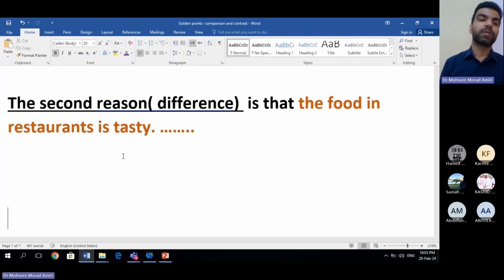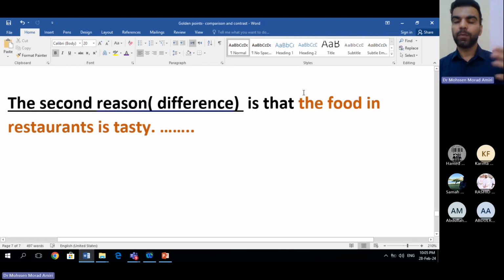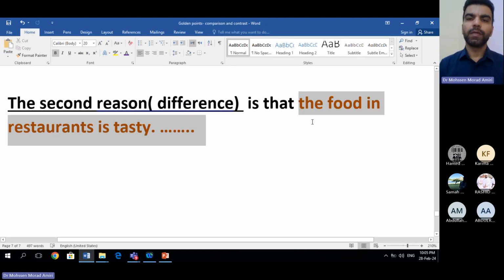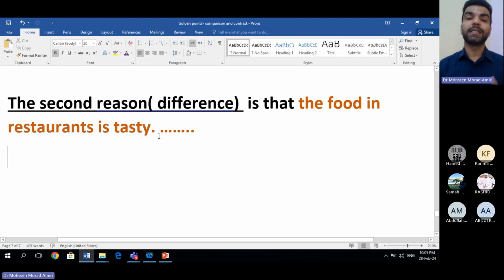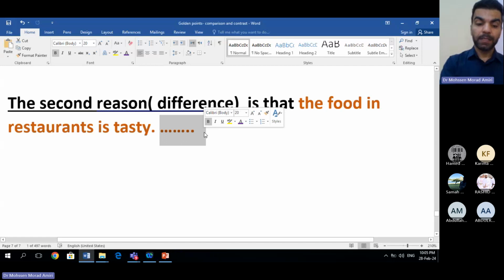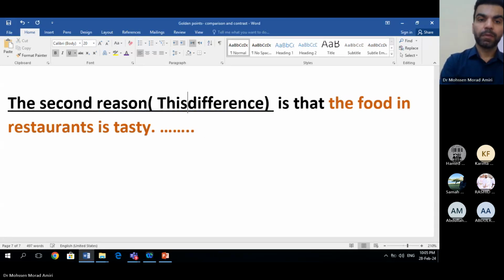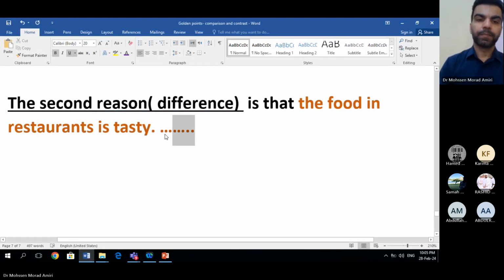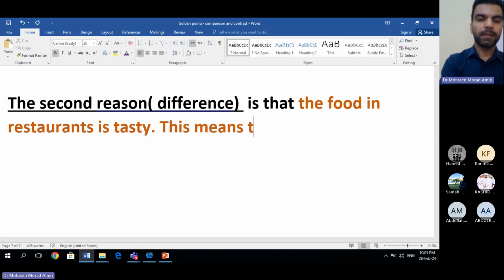The second reason or the second difference is that, for example, we're talking about restaurants. The food in restaurants is tasty. So here you need to elaborate it. This means that... so how do you explain it? You should have knowledge to give reasons for this.